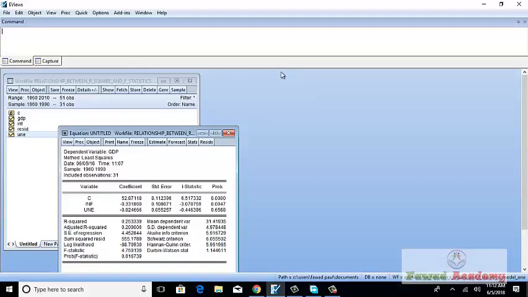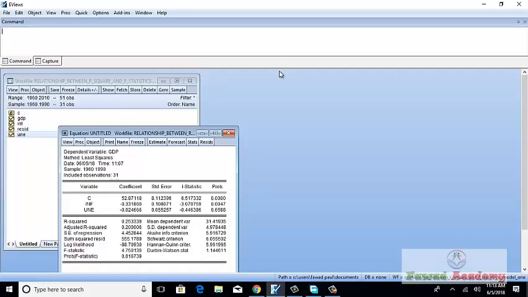And the rest, what is the meaning? 100% minus 25.33% means that almost 74% is explained by factors outside the model, whereas 26% is explained by inflation and unemployment.